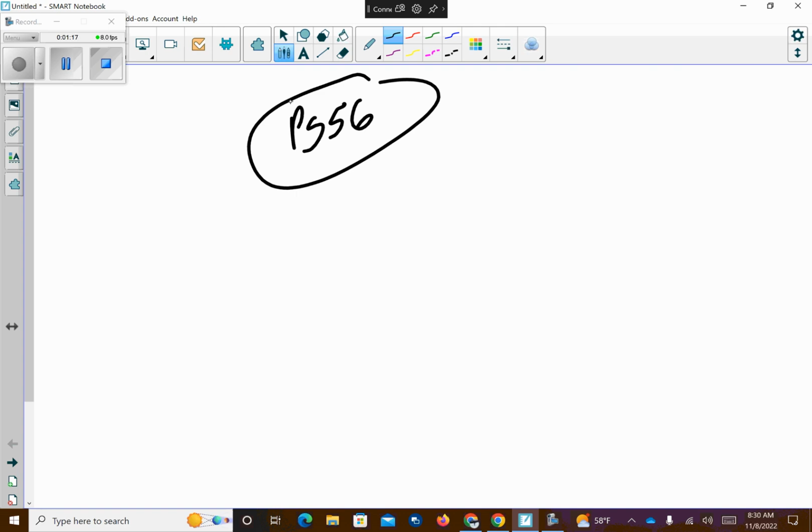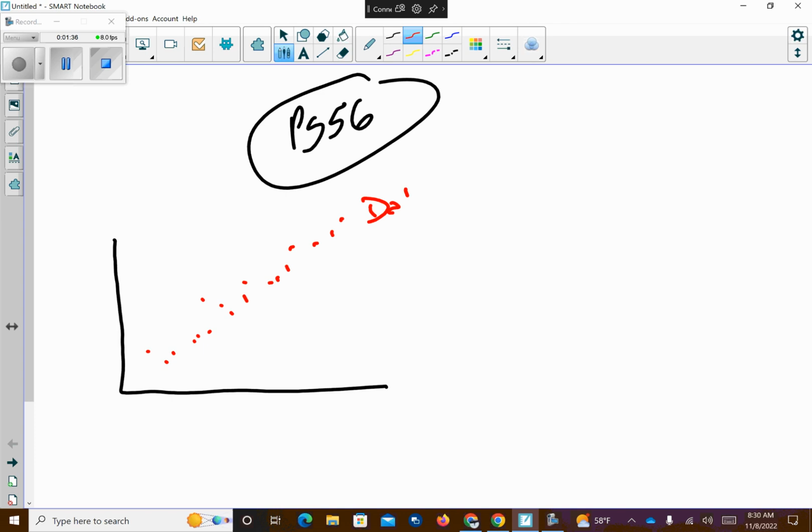So a few things just to review what we have been doing, and this will tie into what we're doing today. So we have data plotted that we've done. Desmos will do it for us nicely.